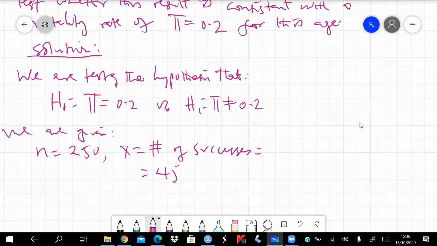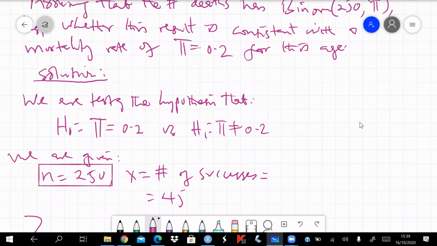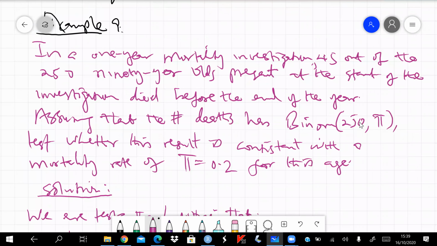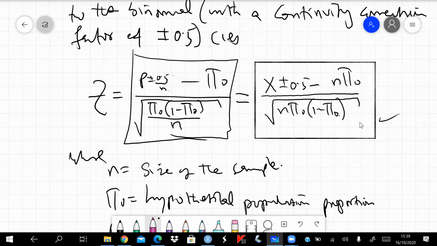So with that information, now we can obtain our z calculated, assuming normality, because n is large, so we can assume normality. So we can use any of these formulas here. We can use the first one, where in the first case we need to obtain p.